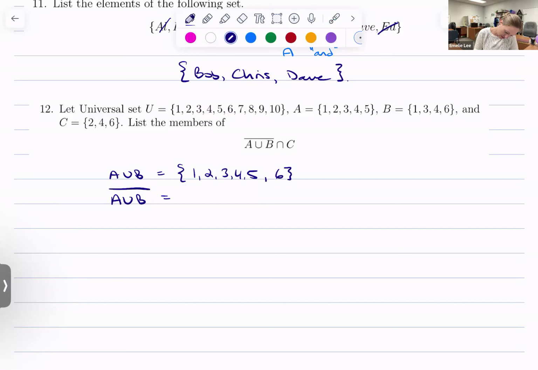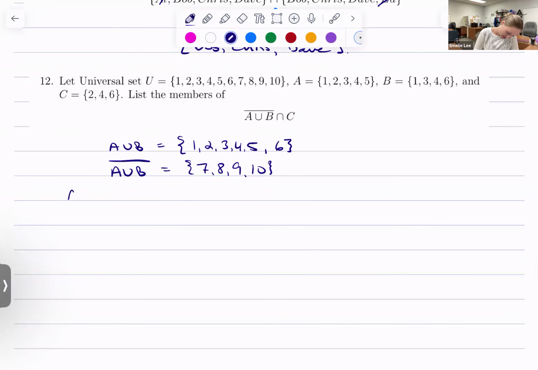So I have 7, 8, 9, and 10 in the complement of A or B. Now to build out the final stage, I have the complement of A or B and C. So it can be in 7, 8, 9, 10, as well as in C: 2, 4, 6.